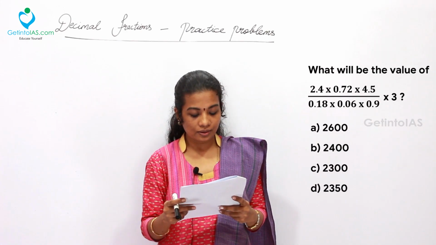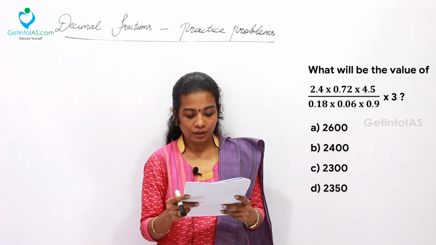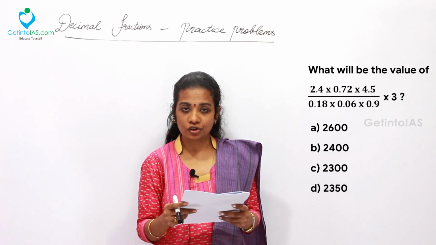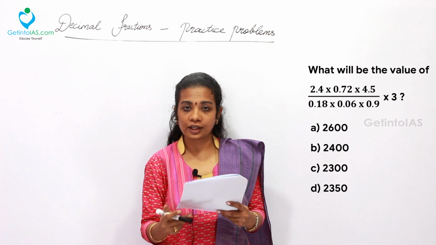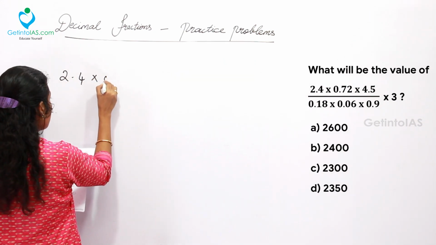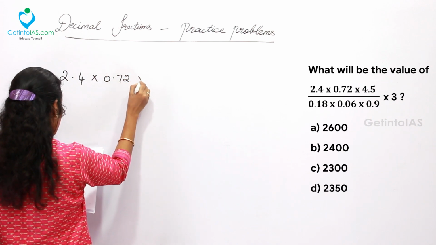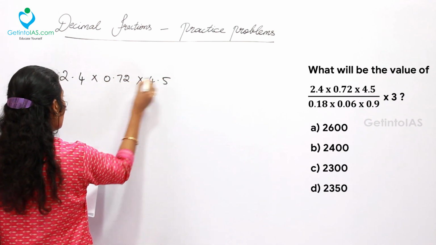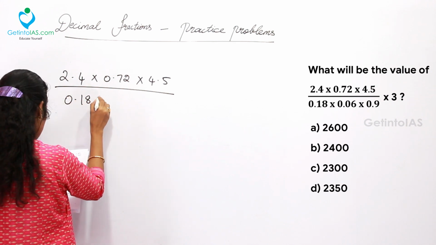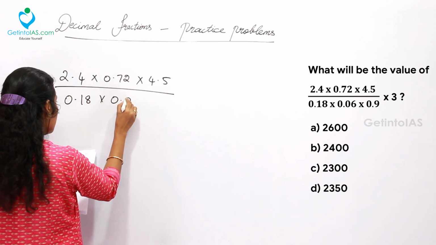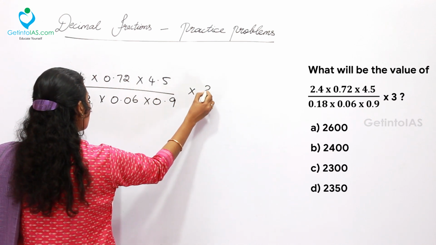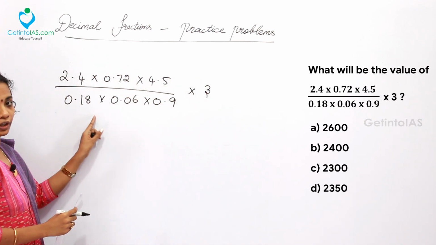The next question is dealing with simplification of decimal values with multiplication and division. What will be the value of 2.4 into 0.72 into 4.5, the whole divided by 0.18 into 0.06 into 0.9 into 3? Now let's try to solve this.